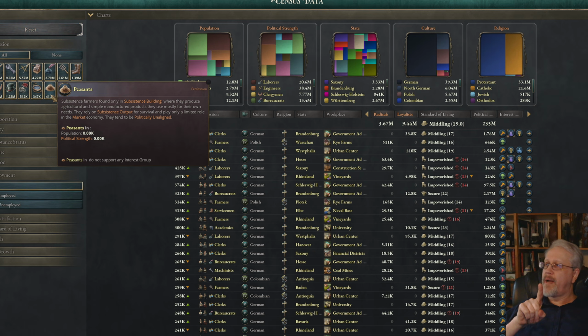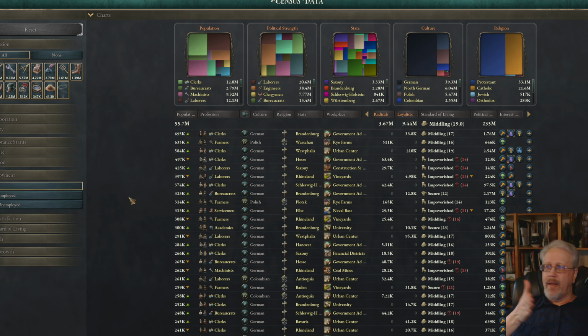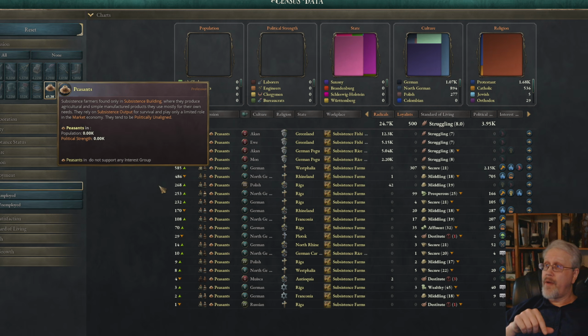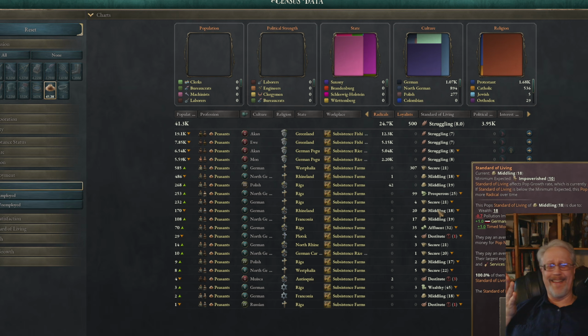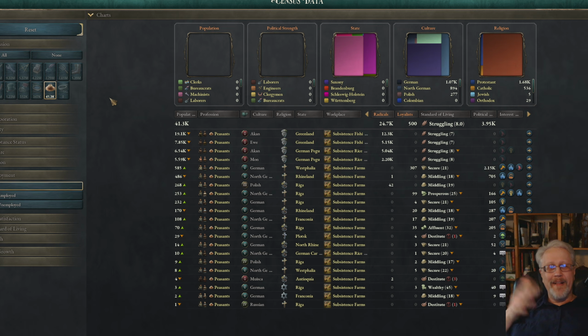And if we look at everybody, including the peasants, we've got 41,000 peasants. 41,000 peasants, 43,000 unemployed. And if we look at the peasants, where are they located? They're mostly in Greenland, as we see here. I know.